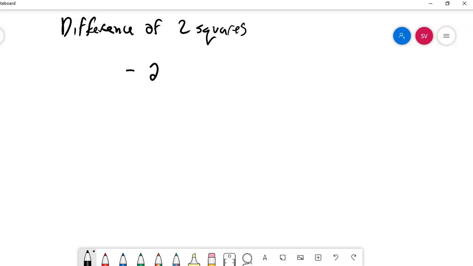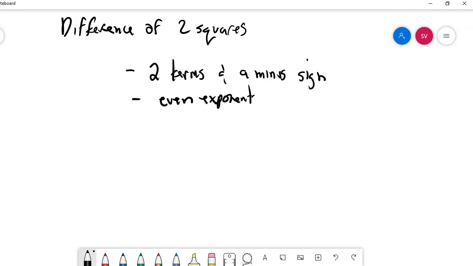So first is that you need two terms and the minus sign. The second is you need to have even exponents on the letters, or variables.